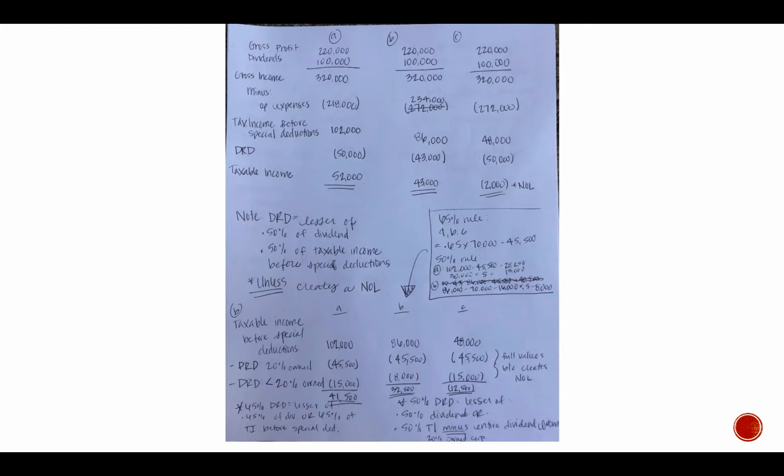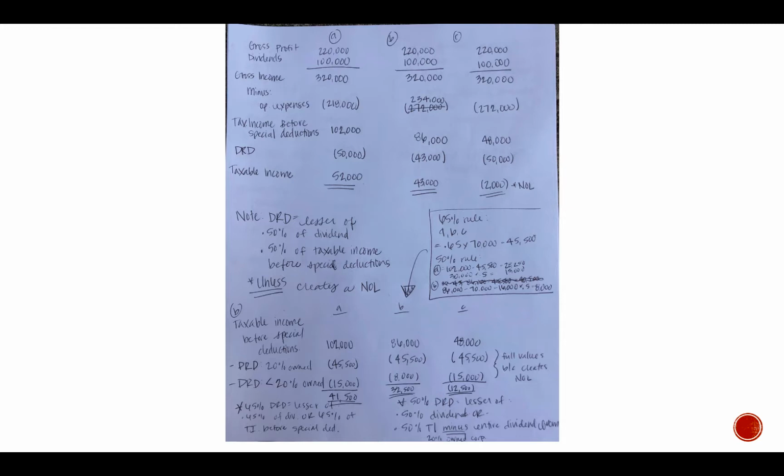All right, now in Part A, we dealt with the 20% owned corporation stock. Now we need to deal with the less than 20% owned corporate stock. Remember that the dividend related to that less than 20% owned stock was $30,000. So the limit that is going to apply there is going to be the lesser of 50% of the dividend or 50% of the taxable income minus the entire dividend from the 20% owned stock.